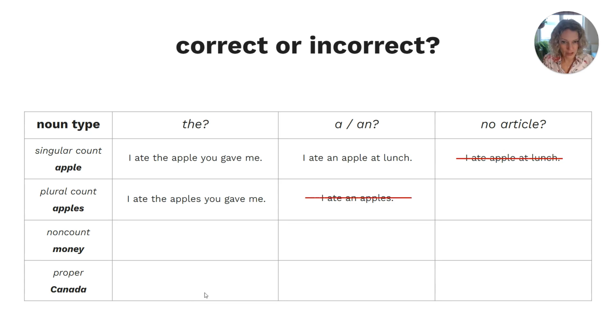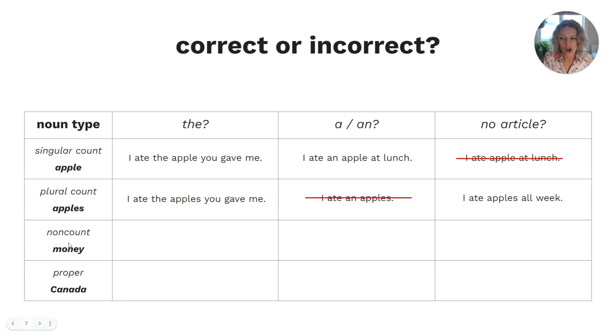No, no good, because an and a mean one, and apples is plural, and one and many don't go together. How about I ate apples all week? Is that okay? Yeah, we can just leave out the article. That's all right. With plural nouns, you don't have to have an article. It's only those singular count nouns that we need a determiner.